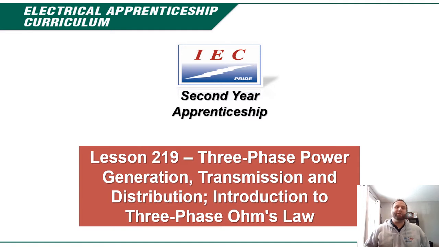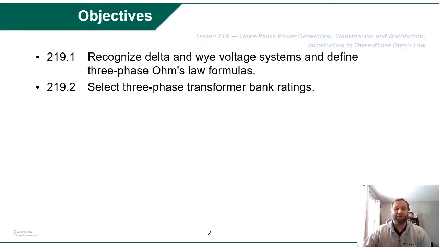Second year apprenticeship, Lesson 219, we started talking about three-phase power generation, transmission, and distribution, as well as an introduction to three-phase Ohm's law. Out of Lesson 219, where I would definitely focus your studies is that three-phase Ohm's law, the three-phase Ohm's law formulas.